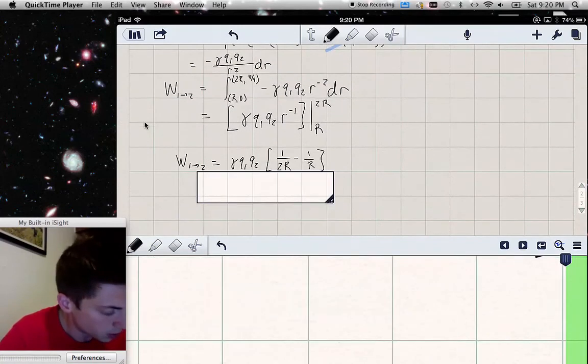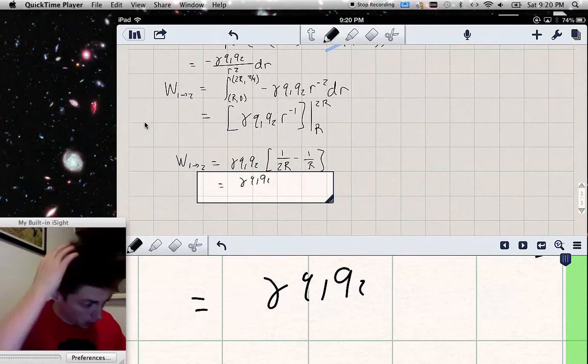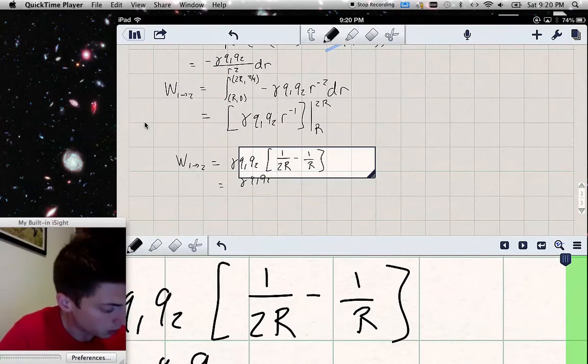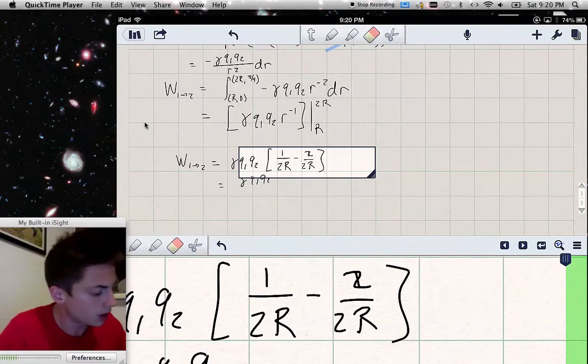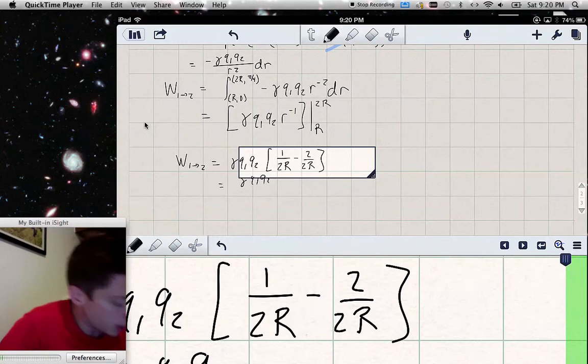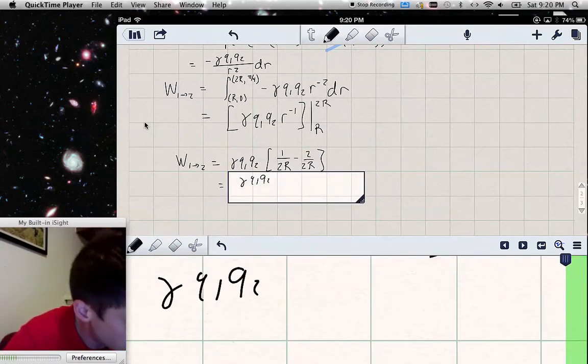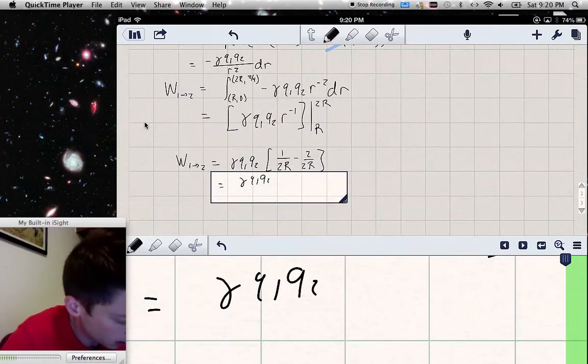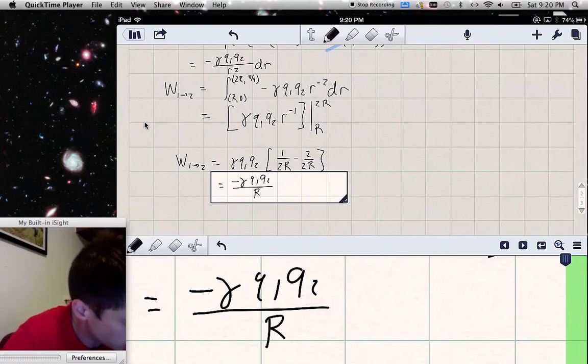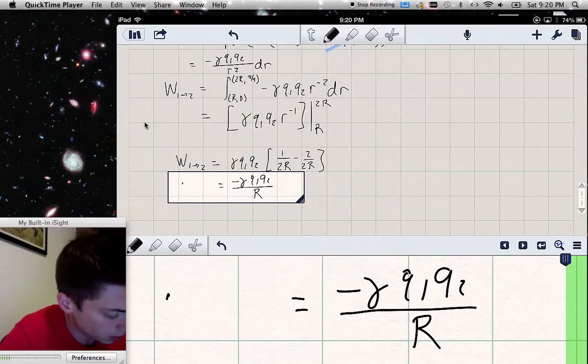Well, let's write this as a 2. We multiply by 2 the numerator and denominator, just a tricky way of multiplying by 1. Okay, and now we have 1 minus 2 on the numerator, so that gives us a negative 1 over 2r. Okay, and that's the work done.